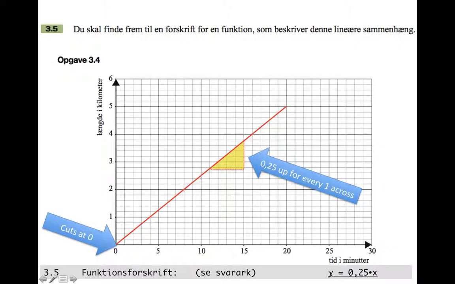Now really you should say what x and y are here, because there's no x and y in the question, you just introduced them. So you ought to be either saying what x and y are, x is the time in minutes, and y is the length in kilometers, or you can just write your equation in terms of those things. So you can say length in kilometers equals 0.25 times time in minutes.